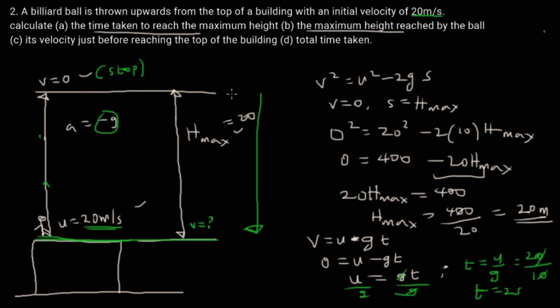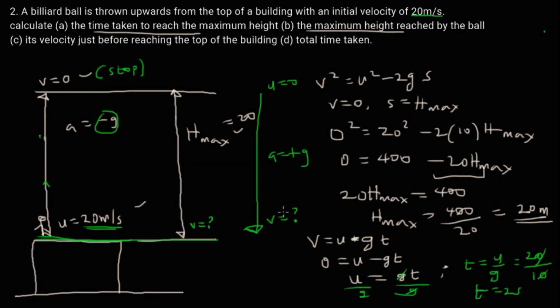Now if it falls to the top of the building, it is falling with an initial velocity of 0. The final velocity of when it is being thrown up now becomes its initial velocity. Now this initial velocity will be accelerated downwards, so its acceleration here is positive g. So it will have a final velocity.